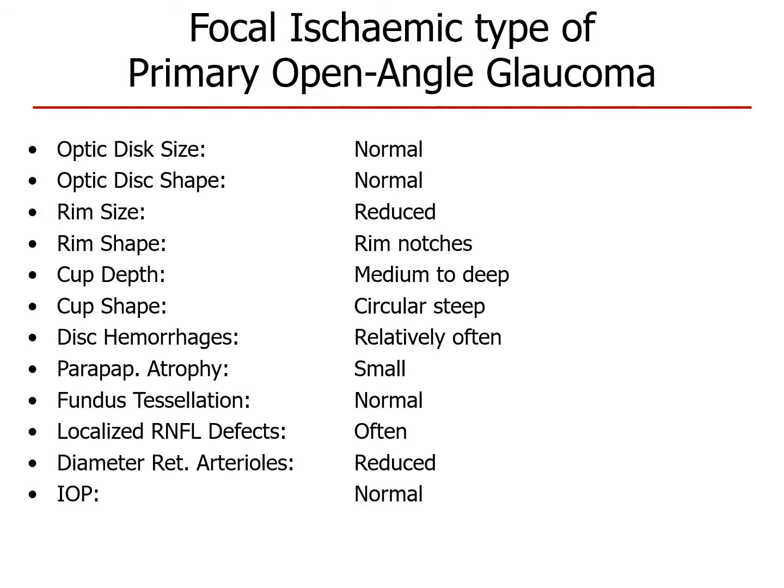On the other hand, the focal ischemic type of primary open-angle glaucoma is characterized by normal optic disc size and shape, reduced rim area, rim shape with rim notches, and the presence of cup depth that is medium or deep, and usually the shape is circular steep.